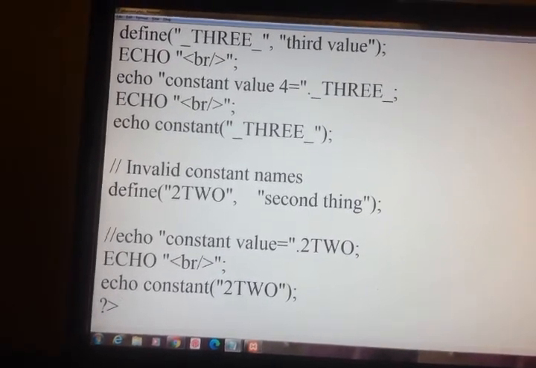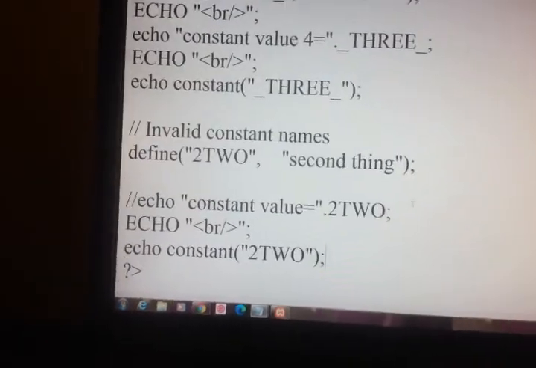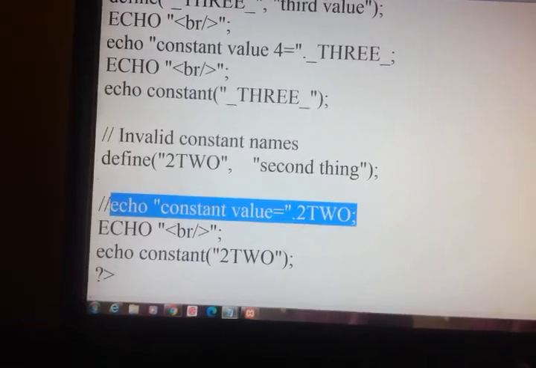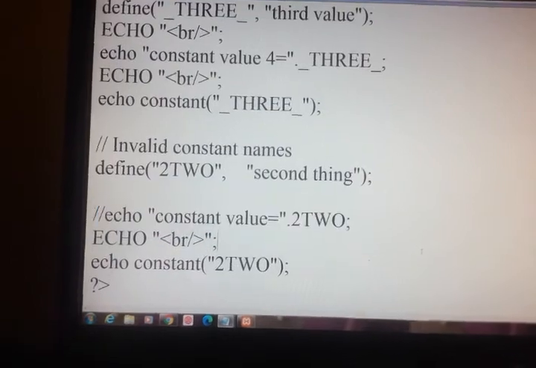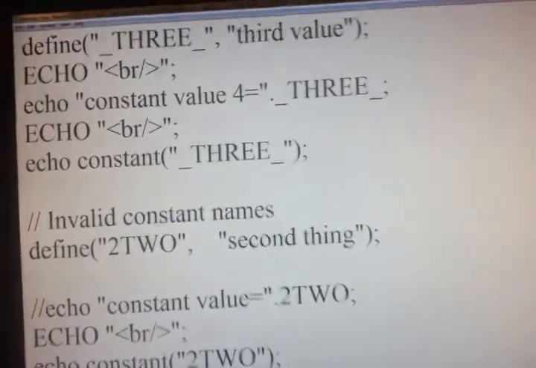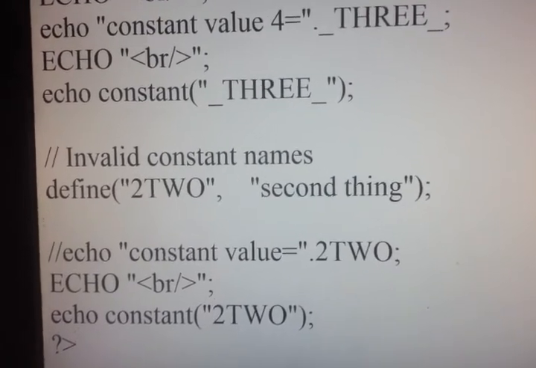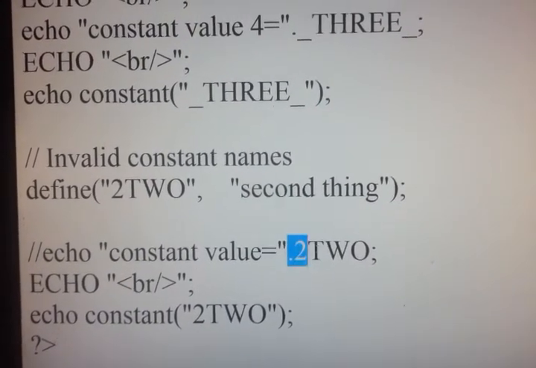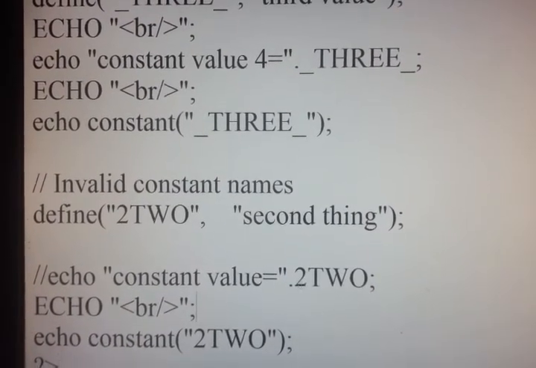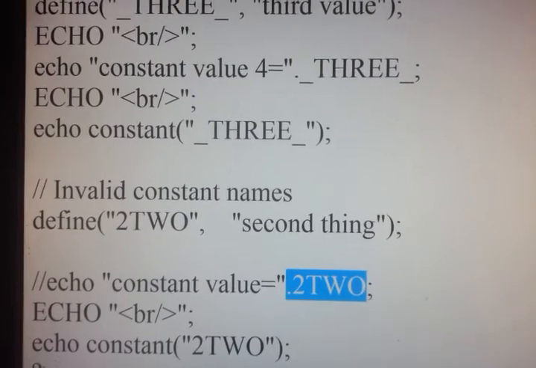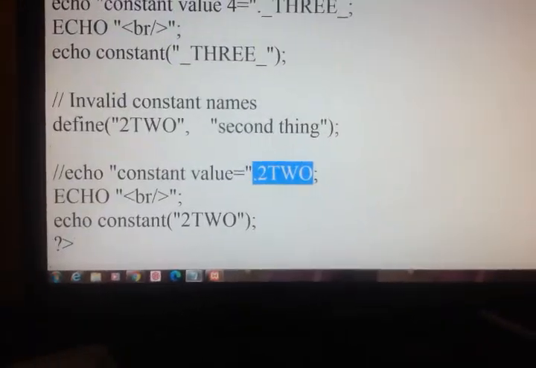When we are using this constant value with 2TWO, it is throwing an error. So that's why it's invalid. Actually, it is taking the valid thing, but when we are trying to print that with a dot, it is throwing error because this is an invalid way of accessing the constant value.